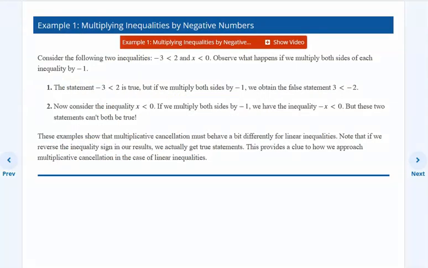Now, for example 1, again, pause, read this over, but let's go over it. If I say that 2 is less than 4, we know that's a true statement.